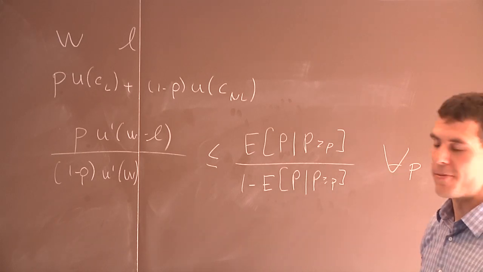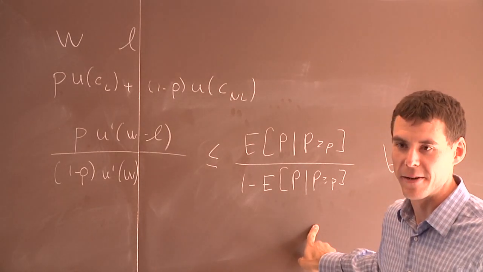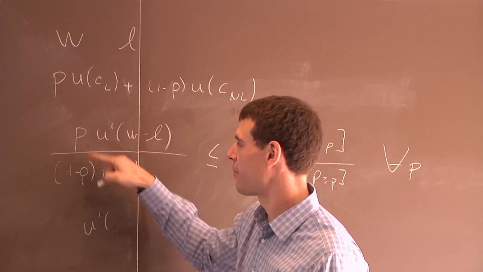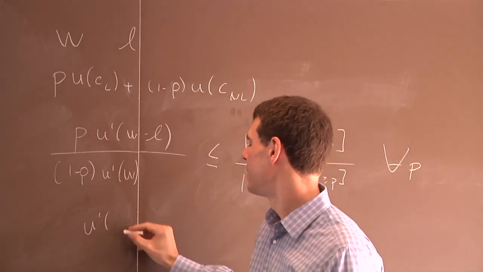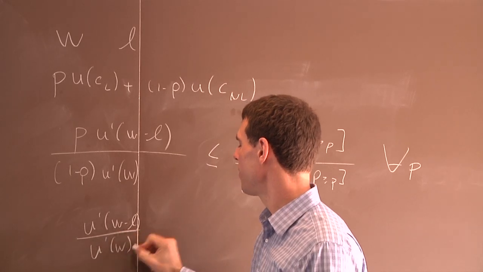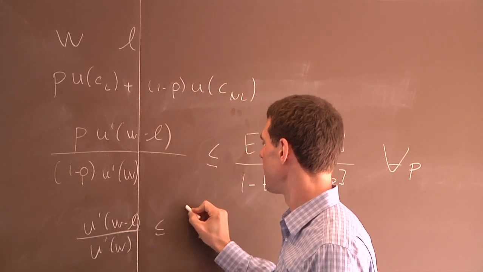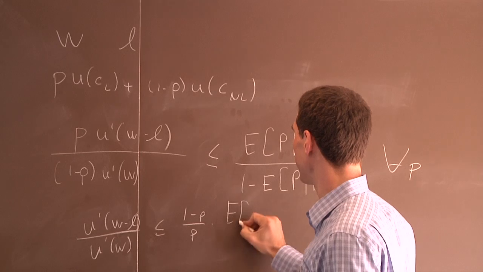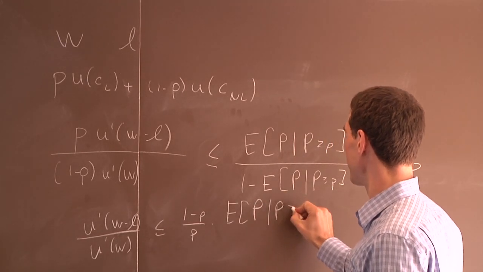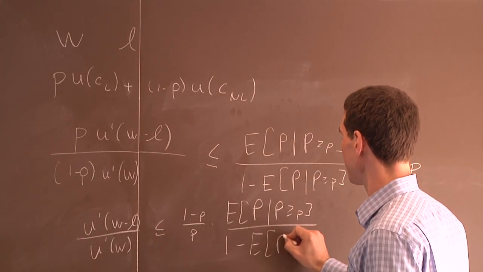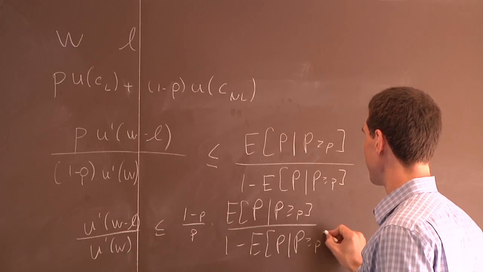Okay. And so you can rewrite this condition, and it makes it maybe a little bit easier to see what's going on. If you just multiply by 1 minus p over p, you end up with U prime of W minus L over U prime of W is less than or equal to 1 minus p over p times the expected value of capital P given capital P is greater than or equal to little p, over 1 minus the expected capital P given capital P is greater than or equal to little p.